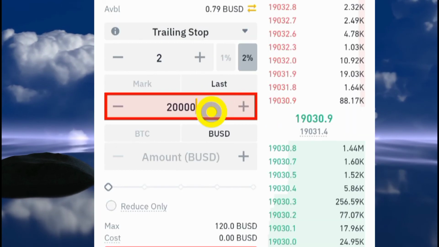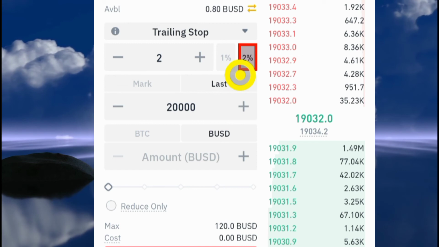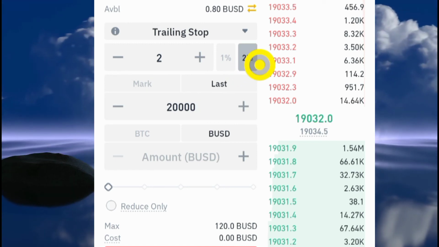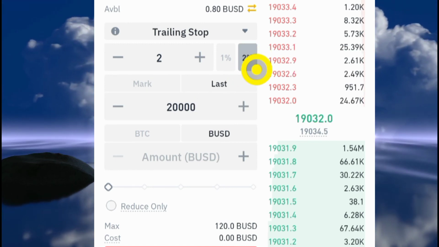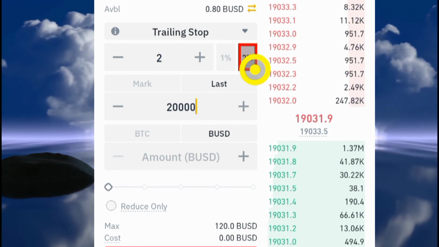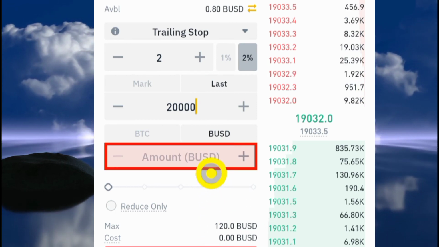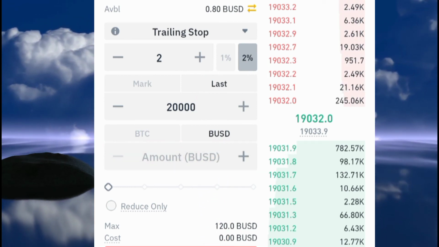So I'm saying if the price of Bitcoin gets to 20,000, I would want to take my profit if the price goes down by 2%. And 2%, like I calculated earlier on, is 19,600. So I am telling Binance to sell my position. That means sell how much?